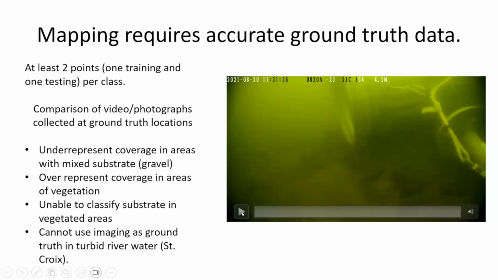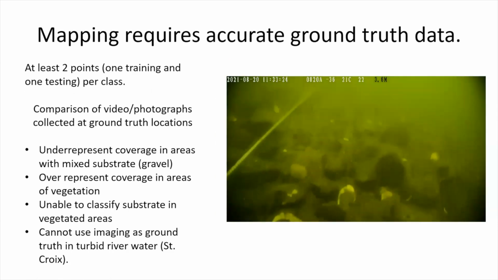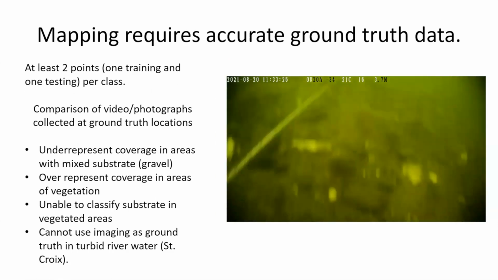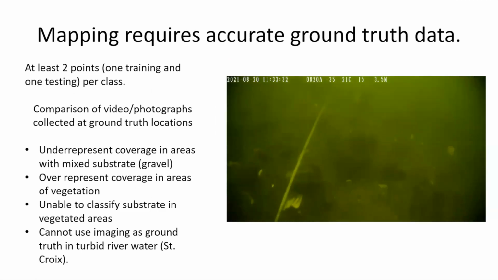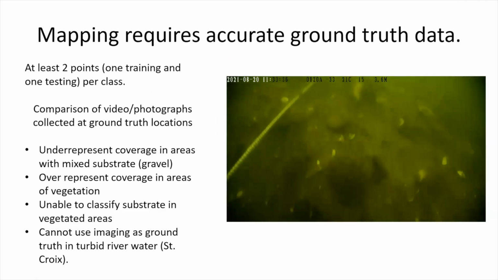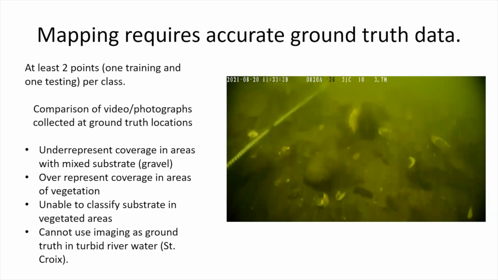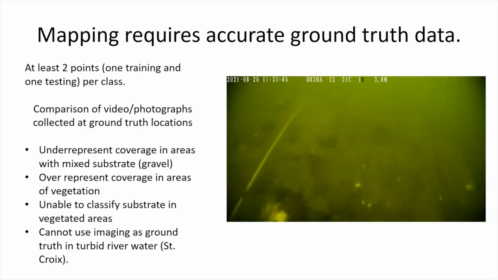And then the final point to make, using video alone for either mapping zebra mussel distribution or as ground truth information, is in really turbid waters with low visibility. It's just difficult to see a large area of the bed using imaging alone.